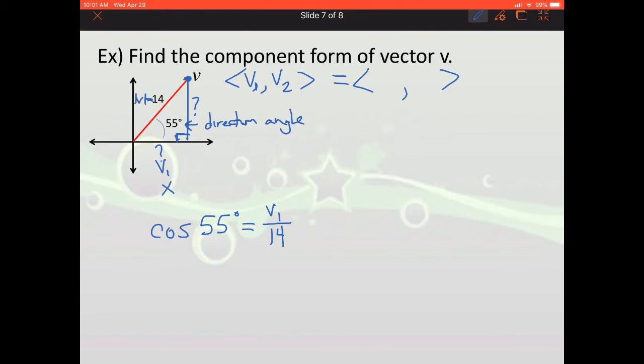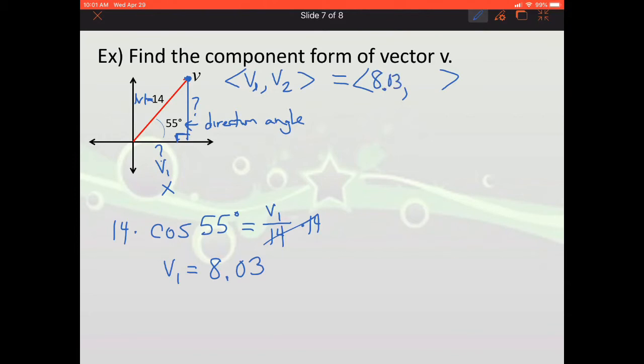is 14. So if you were to solve this, multiply 14 on both sides, use your calculator, don't forget to be in degree mode, you would find that it's 8.03. So there's v1, 8.03.